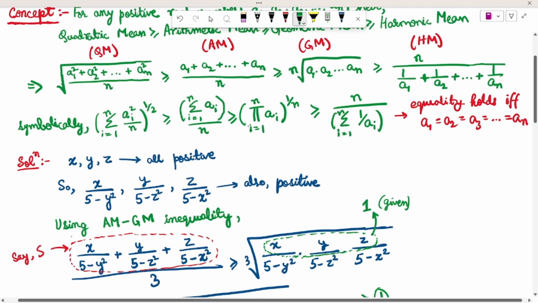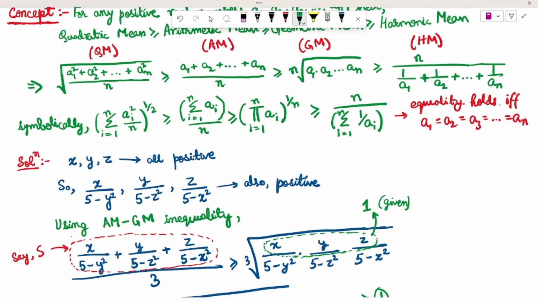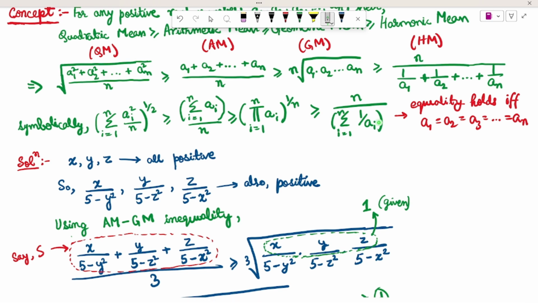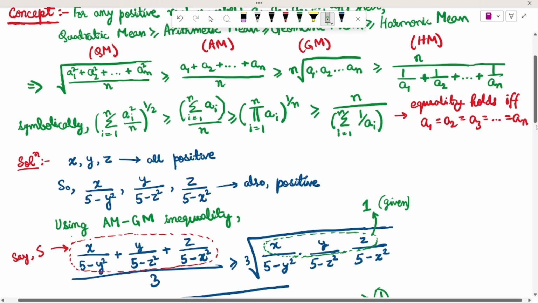Now, obviously, we can easily say from observation that equality will hold if and only if a1 equals a2 equals a3 equals an. Only if all these n positive real numbers are equal to each other can we say that equality holds for each of these signs.